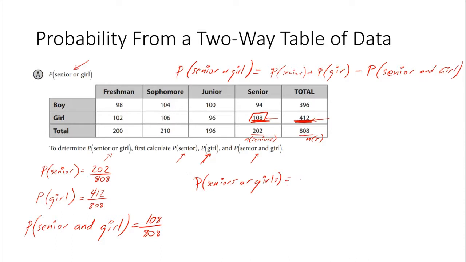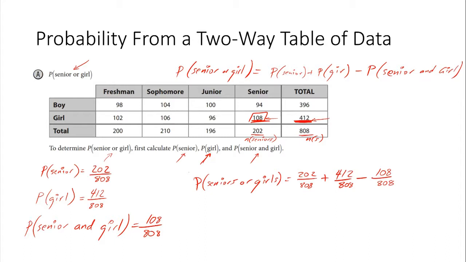So the probability of seniors was 202 kiddos out of 808, plus our probability for girls, which was 412 out of 808. So notice how you're adding the two possible events that can happen, and then you're subtracting basically the intersection, which was 108, where they're both in there, right? They're both seniors and girls, okay?